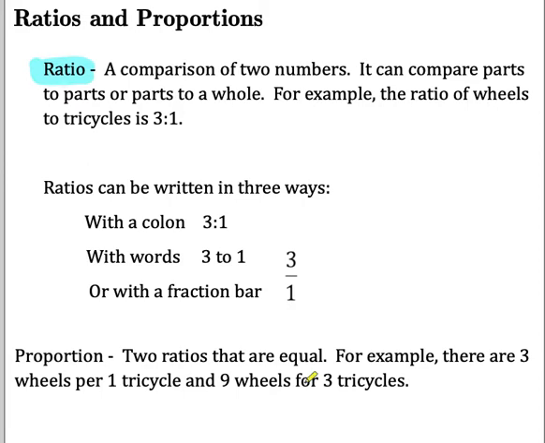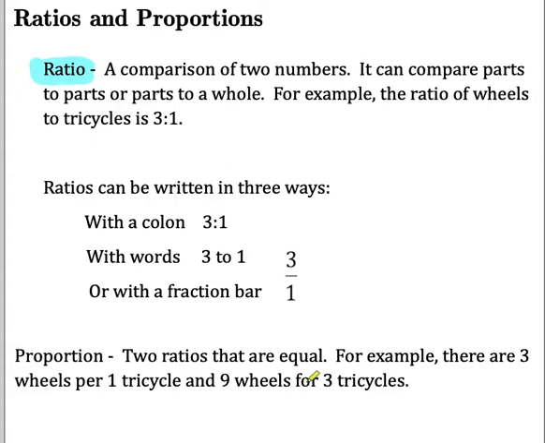That would be a part-to-part ratio because one part is the buns and one part is the hamburgers. I might have also a part-to-whole ratio. For example, in my fruit bowl, I have 4 oranges for every 10 pieces of fruit that I have.